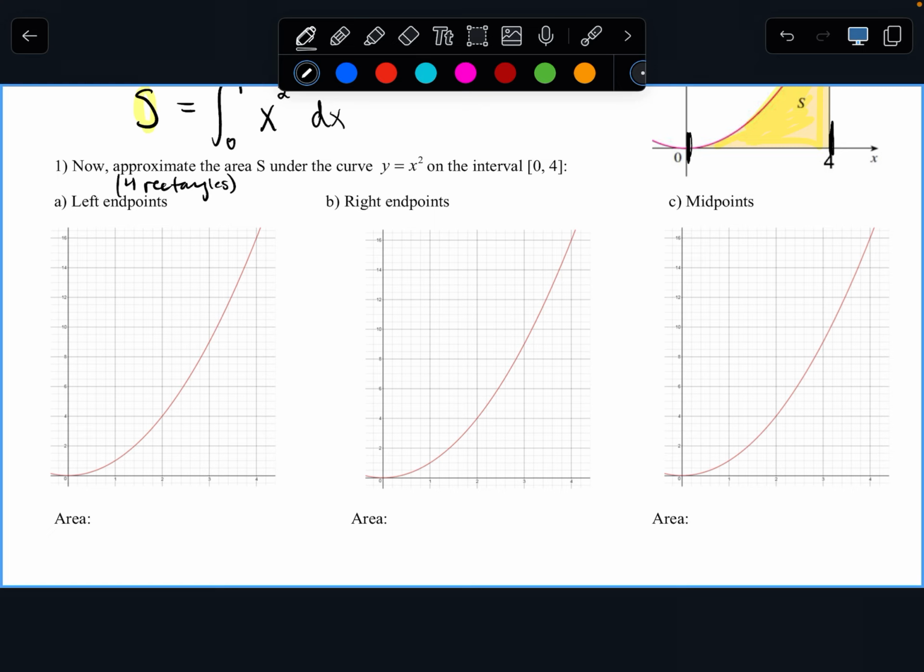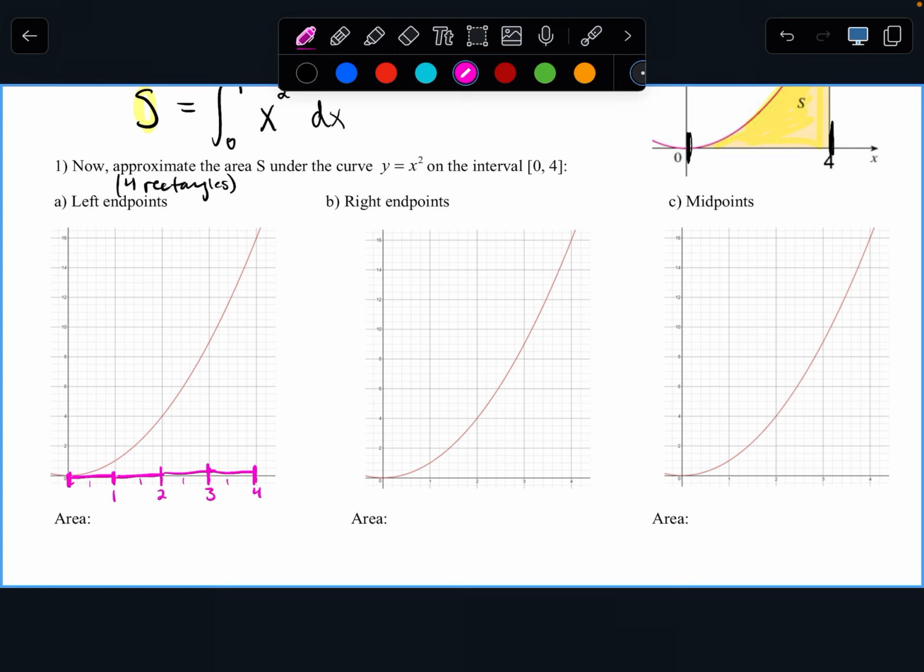So there's 3 different types of rectangles you can do. If we're going to do 4 equal rectangles, what that basically means is this is going to be the width of one of them, width of a second one, third one, fourth one, right? So all the rectangles have a width of 1, okay?